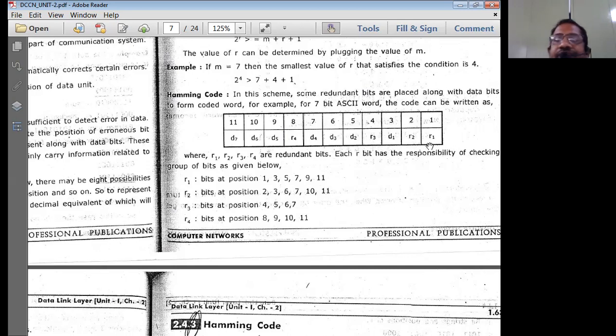At bit positions 1 and 2 you have redundant bits, at bit number 4 also, that is 2 power 0, 2 power 1, 2 power 2 is 4, 2 power 3 is 8. If you have one more redundant bit, say a fifth, then you should take 2 power 4, the 16th location, for one more redundant bit.